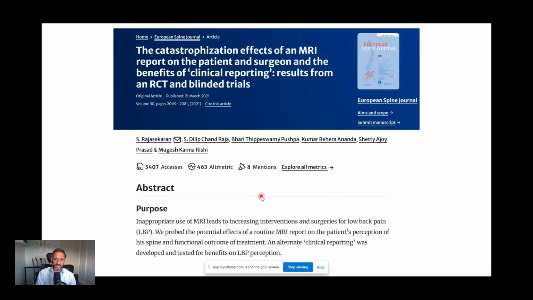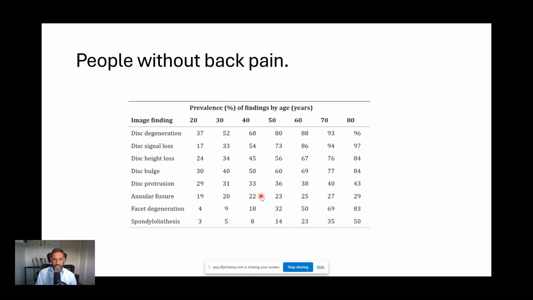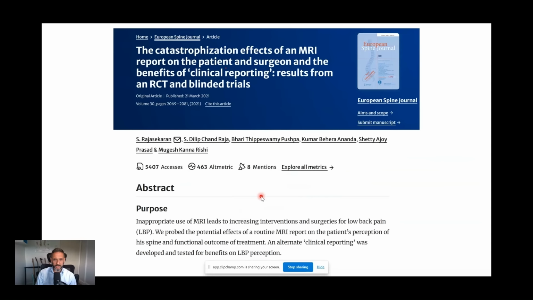So this leads us to another study that was carried out, a really interesting paper looking at the catastrophization effects of an MRI scan report on patients, and what it does. And it showed some really interesting findings. They took groups of patients who have lower lumbar back pain. One group of patients was simply given the report or read the findings of the report, where these buzzwords were commonly used.